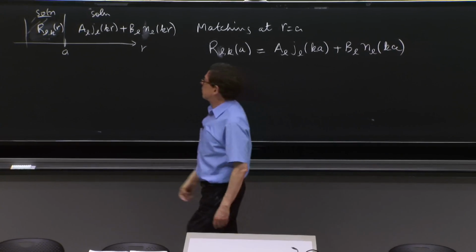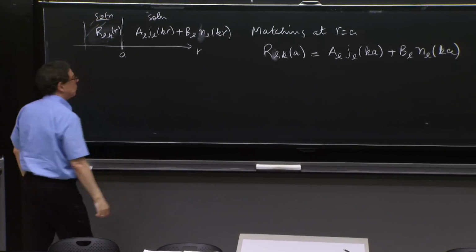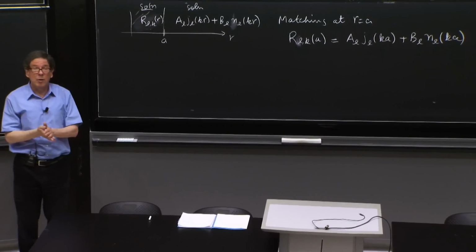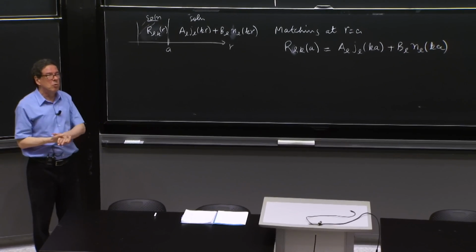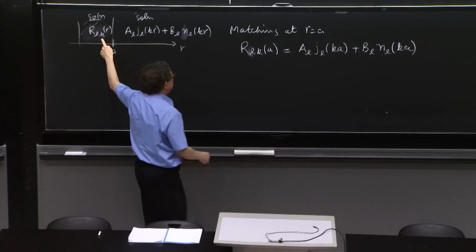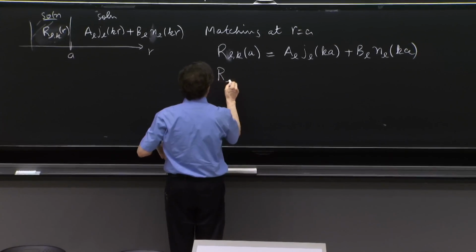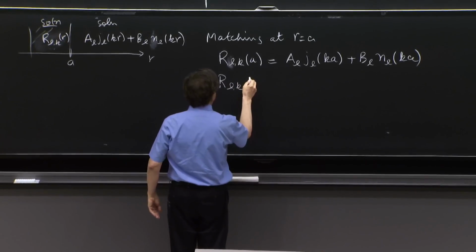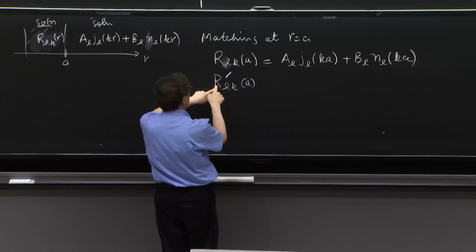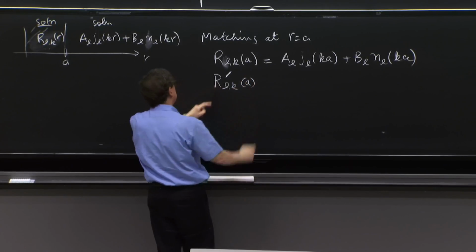The derivatives must also match. Let me use primes to indicate derivatives with respect to the argument. So the derivative of this quantity, r R_{Lk} prime, means the derivative of this function of r evaluated at a.